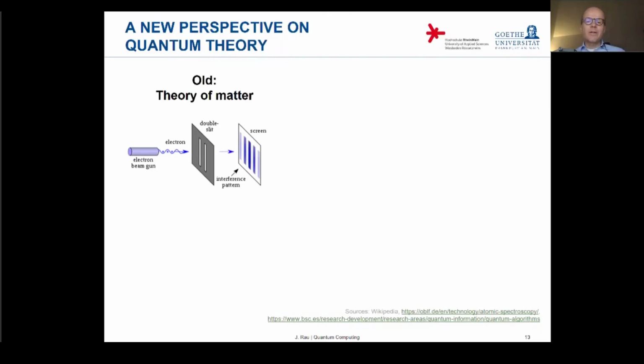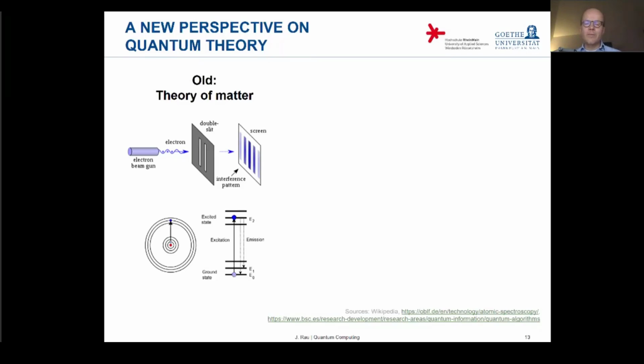The traditional way that you learn about quantum theory is that you start with experiments like the double slit experiment. You learn that electrons sometimes behave like a wave, so that there's a duality of particles and waves.